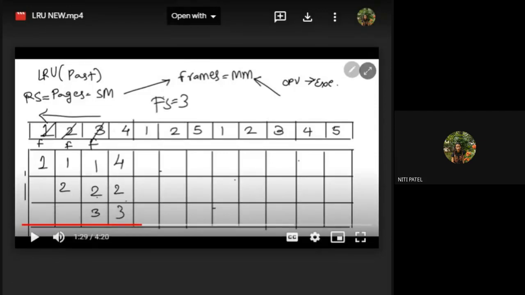When I want to put 4, I went in past. Past में कौन से loaded है? 3, 2 and 1. 3 is just loaded. उसके पहले 2 था. उसके एकदम पहले 1 था. Therefore I selected 1. Okay. So every time go 3 frames back and check whichever is the last. And whichever is the last, replace that with a new page. Are you understanding?